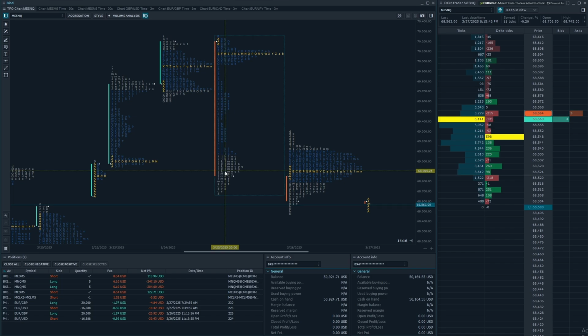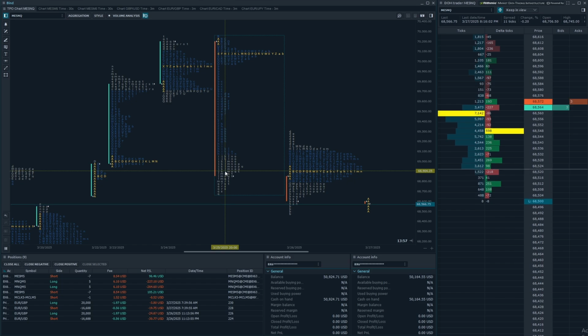But the thing was, it was my fault. If I would have flipped my bias to being short, I would have made like, I don't know, I think $1,500, instead of losing like $1,000. So that's why I don't trade the NQYM anymore, and you're not going to see me trade it.